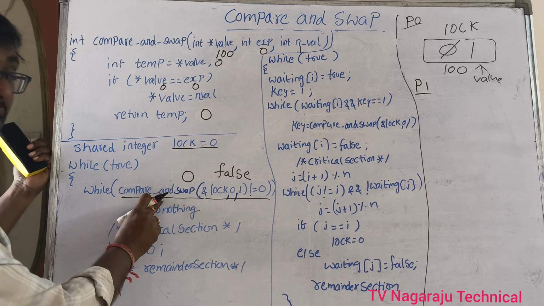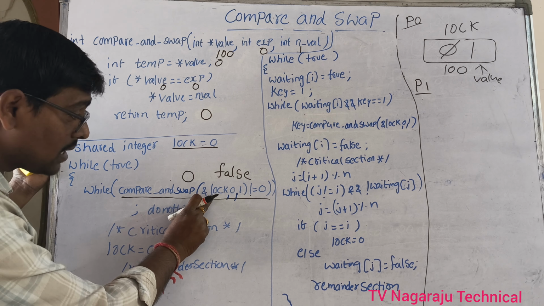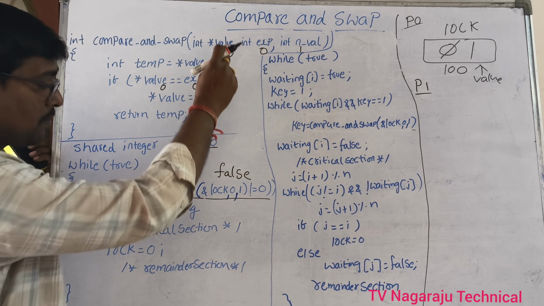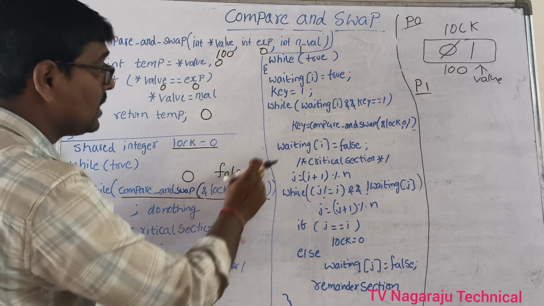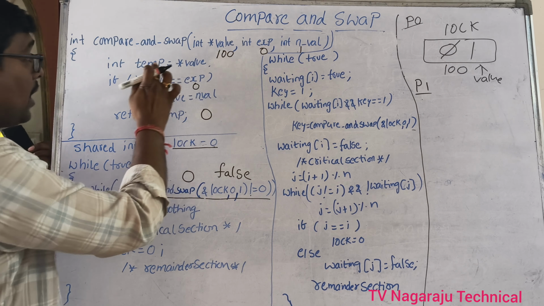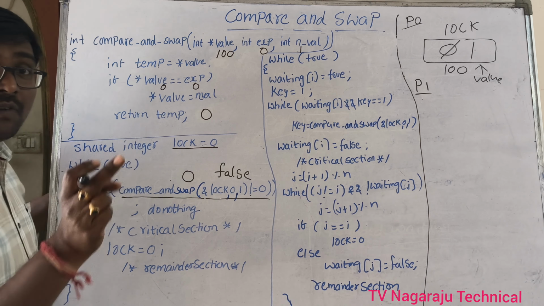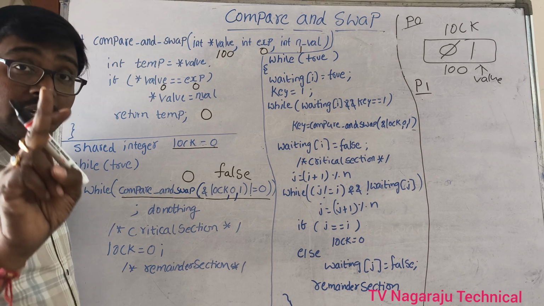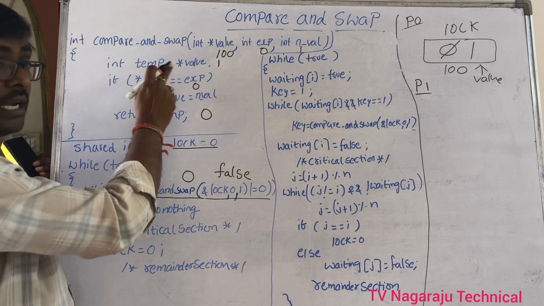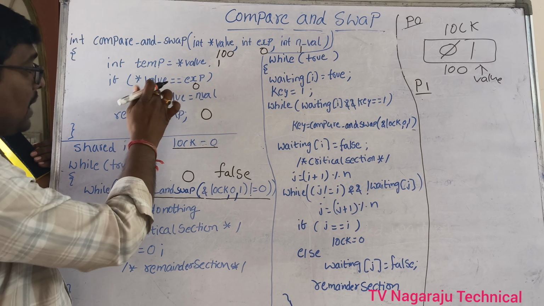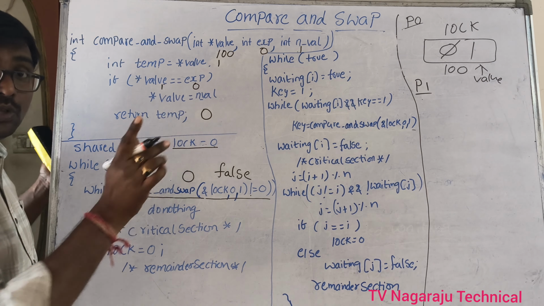Suppose process P1 wants to enter into the critical section, what happens? Now process P1 comes here, ampersand of lock, that is the address, is passed here. What is my expected value? 0. What is the new value? 1. Now temp is equal to star value. What is the value? The memory location is already updated with the value 1. So temp is equal to 1. My value 1 is equal to 0?